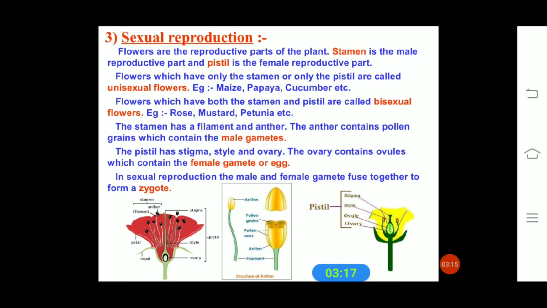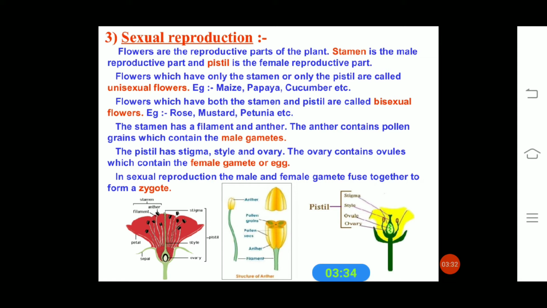Those flowers which have only stamen or only pistil, either a stamen or a pistil, are called unisexual flowers.